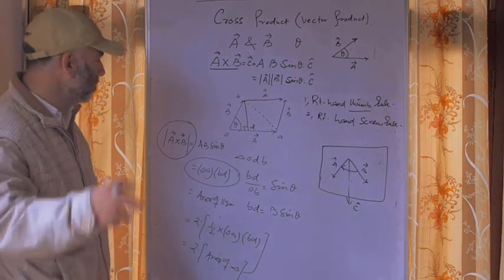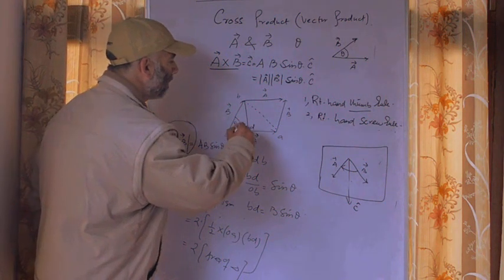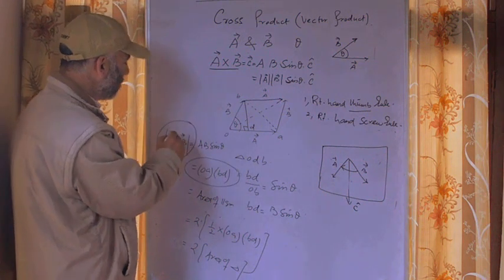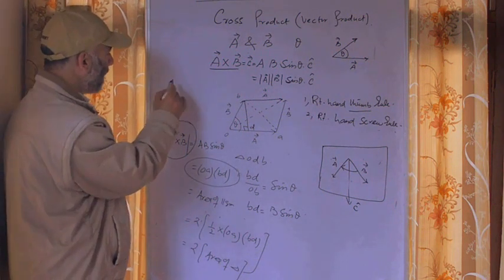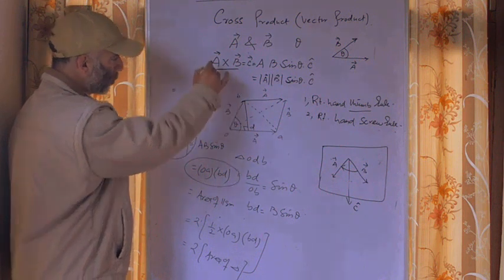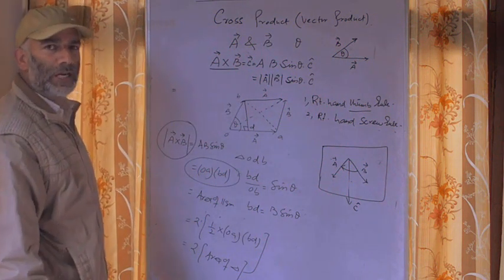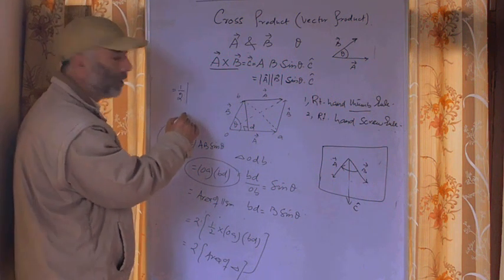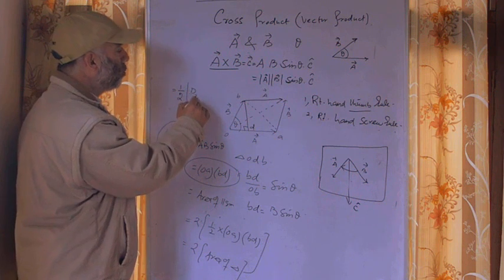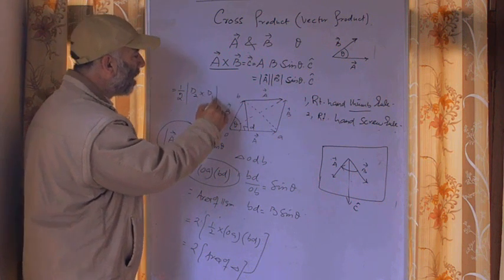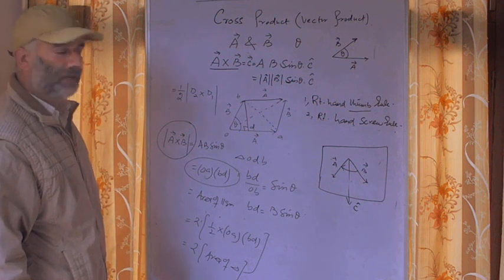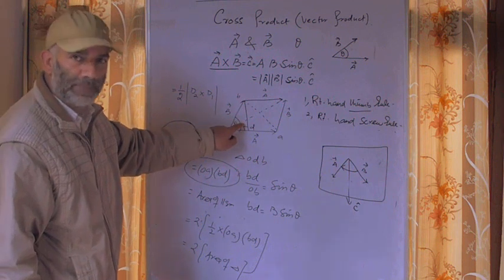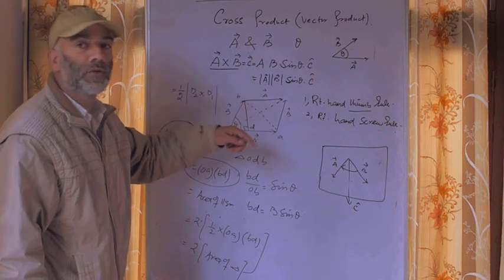And remember one more equation in terms of the diagonals. This is one diagonal, this is second diagonal. In terms of the diagonals, the geometrical meaning of the cross product of the two vectors is equal to 1 by 2 into mod of d2 into d1, where d1 is this larger diagonal and it is equal to a plus b. d2 is this, it is equal to a minus b.